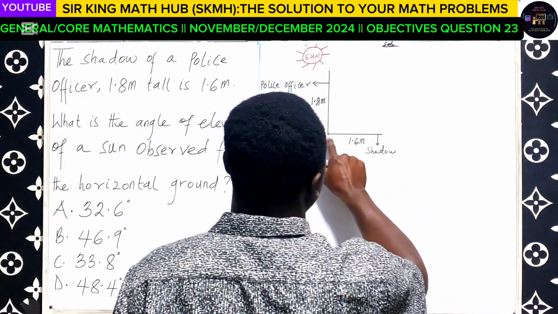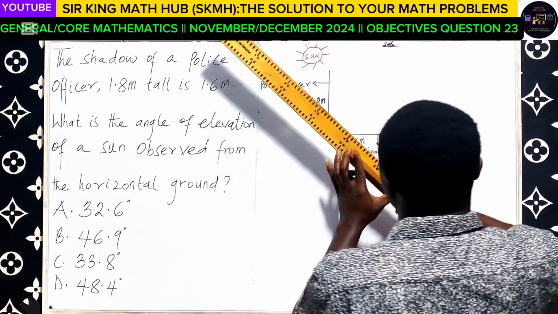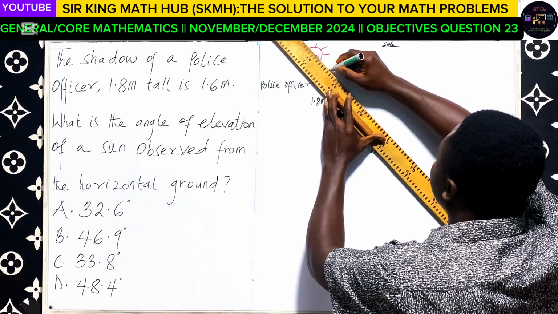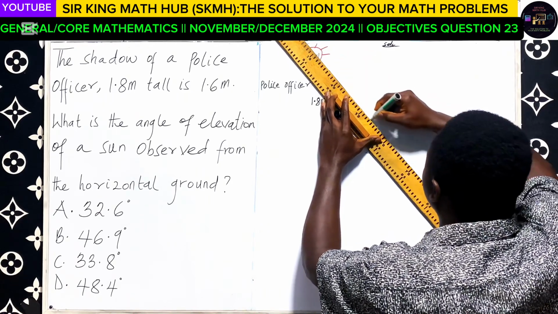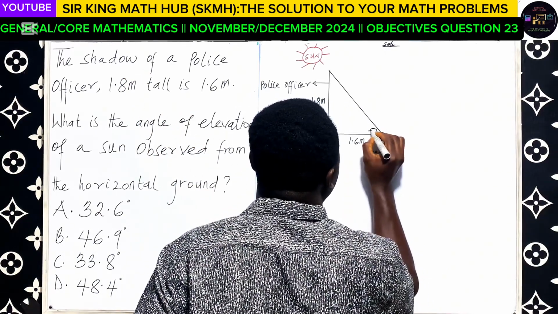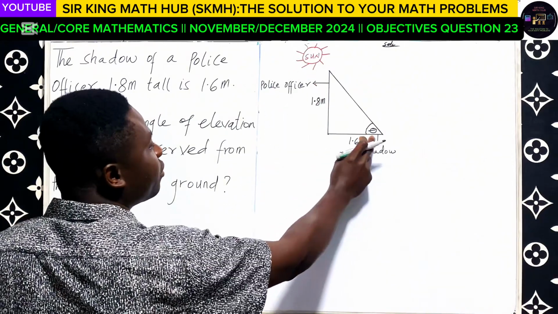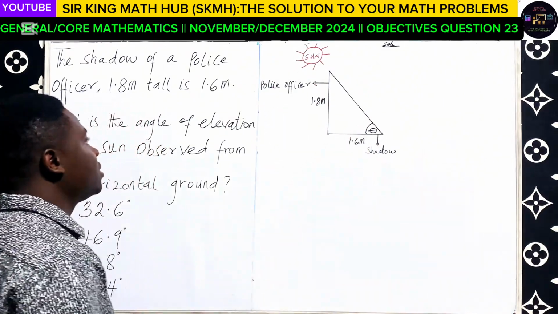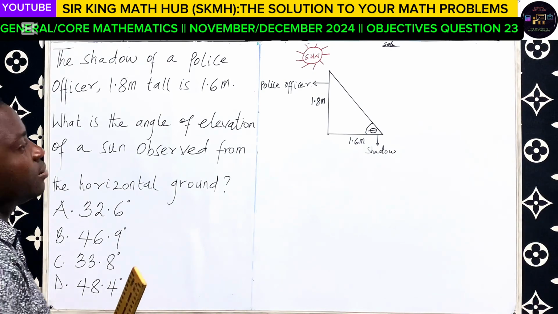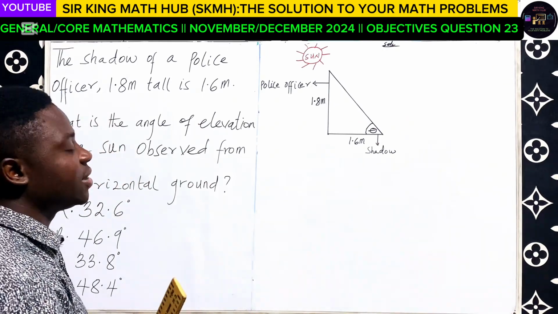So there's our horizontal, in this case our horizontal line of sight. So the angle above this, we will have our theta here. So what are we looking for? We are looking for this angle theta.